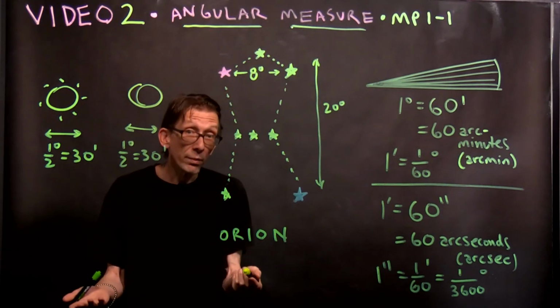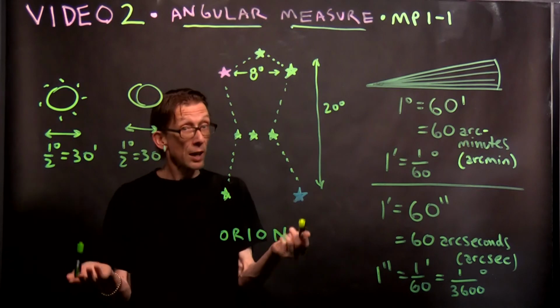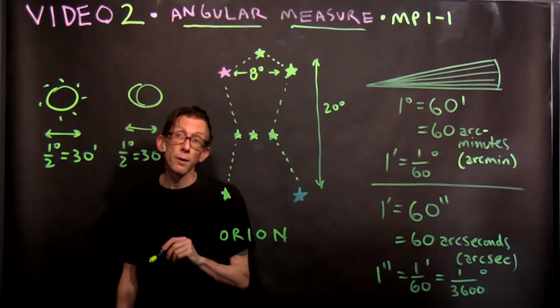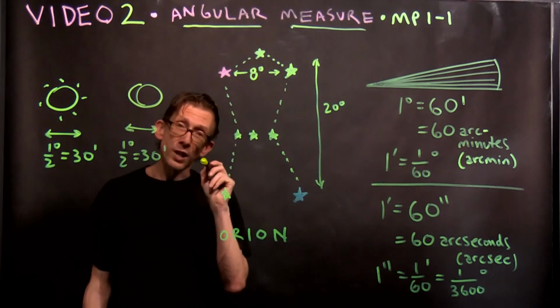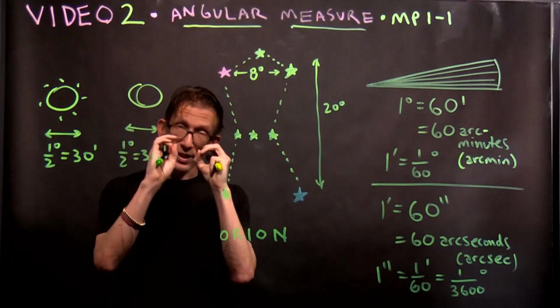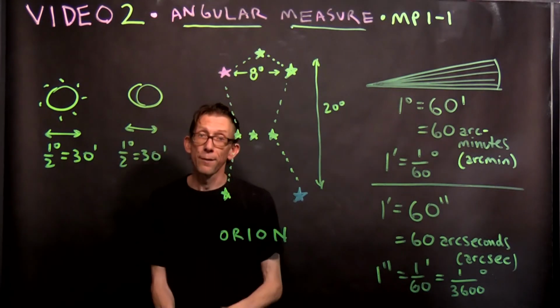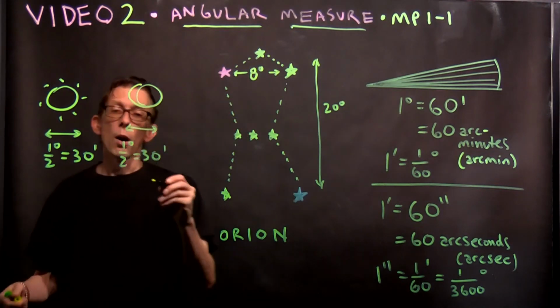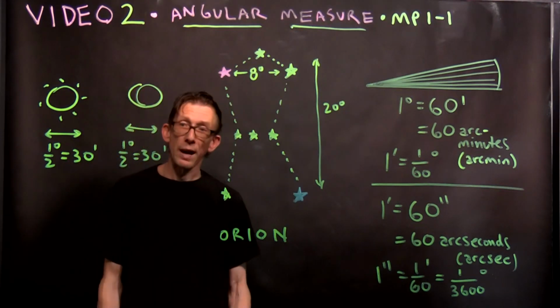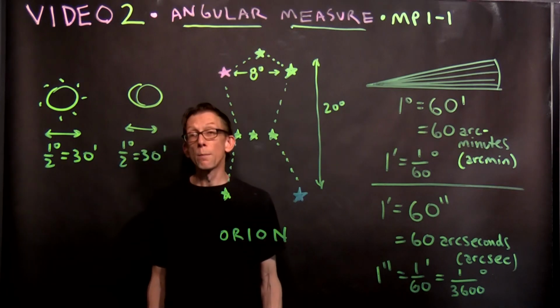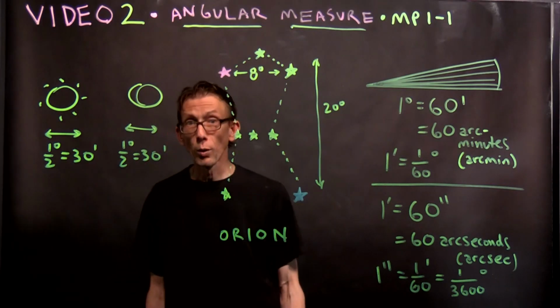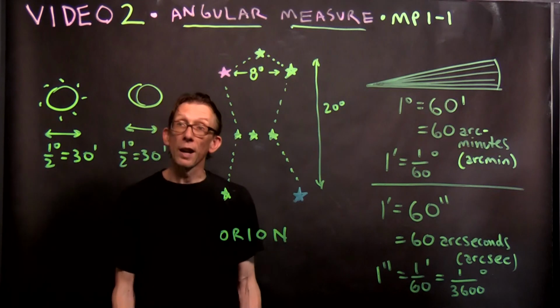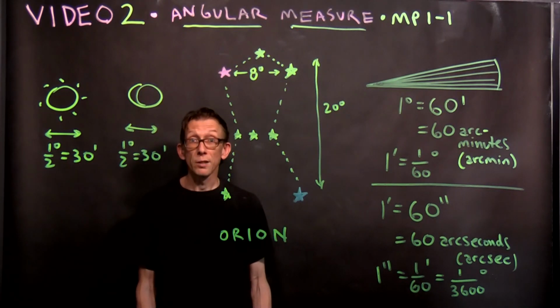So it turns out, and we'll talk more about eclipses coming up, that the sun and the moon are almost exactly the same size as seen from Earth. And it didn't have to be that way, it just worked out. Both of them are 30 arc minutes across, about 1/2 degree across. A little bit more in both cases, 31, 32 arc minutes, but that's about the size. So that'll give you a sense of what 30 arc minutes looks like.